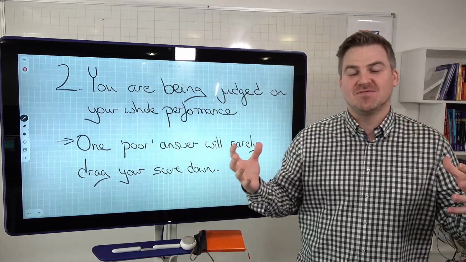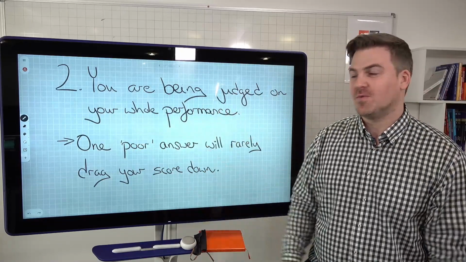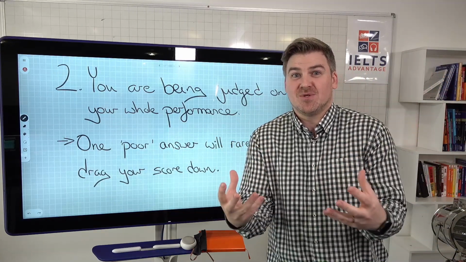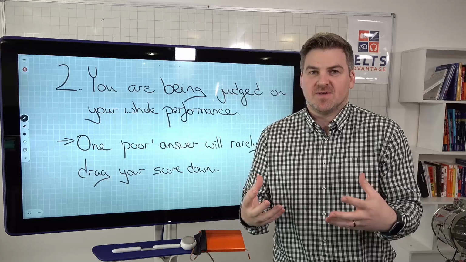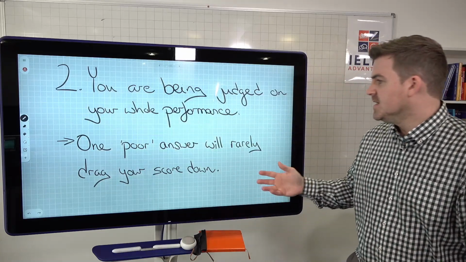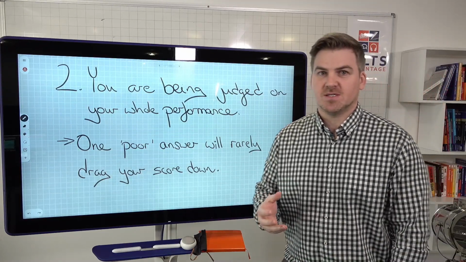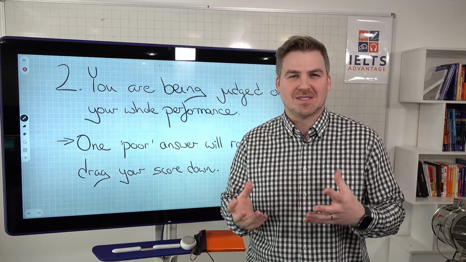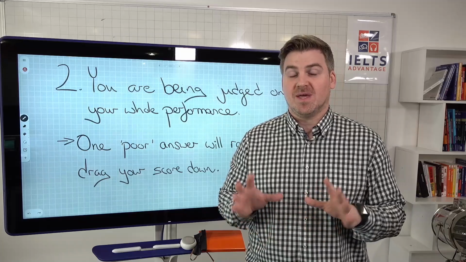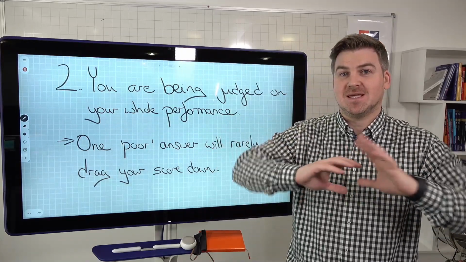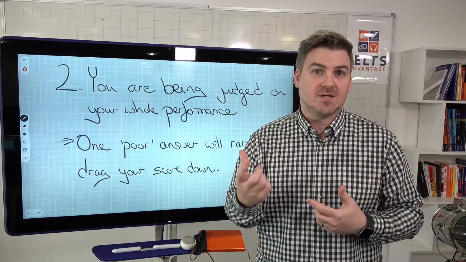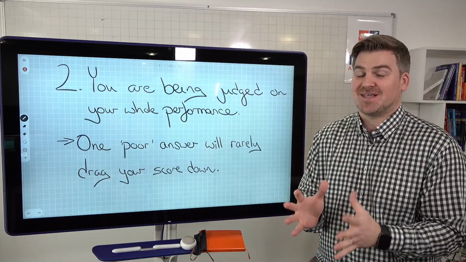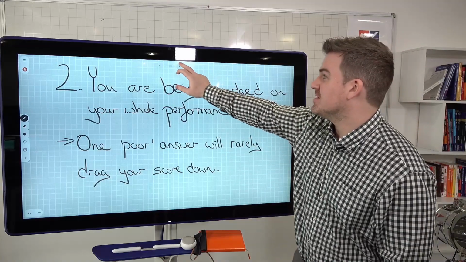The examiner is giving you a score based on your total performance, and one poor answer or an answer that you feel uncomfortable giving, don't worry too much about that, because everybody has a poor answer. Everybody gets questions that they are not that comfortable with. That's why the examiner bases the score that you get on the whole performance. So if you get one question like that, don't worry too much about it.